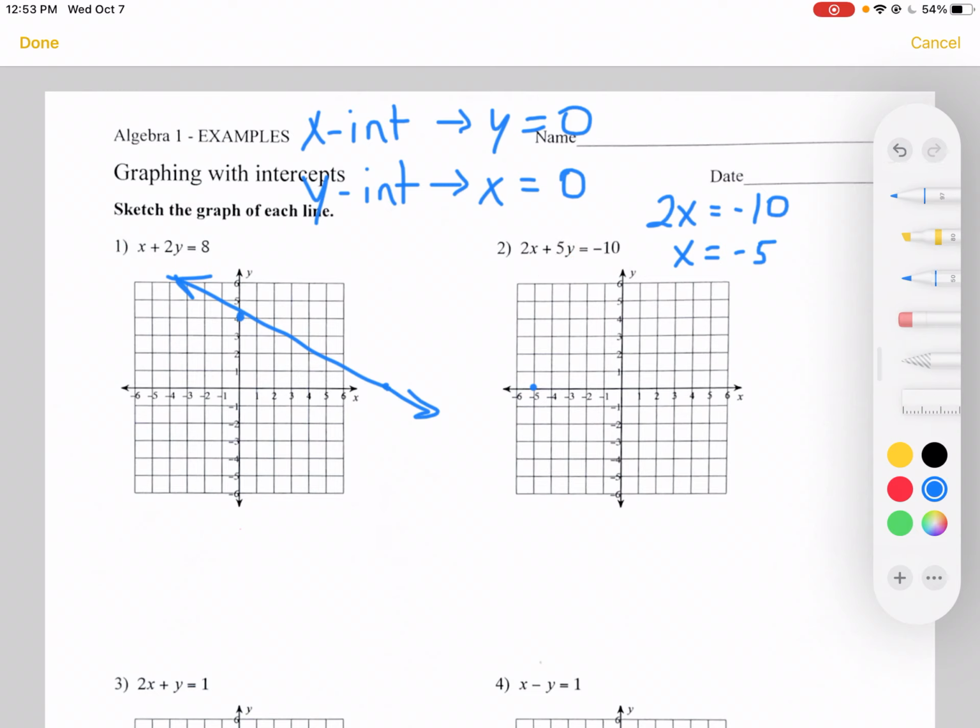So back up now. I'm plugging 0 in for x to find my y-intercept, and I have 5y equals -10, and so y must be -2. And it'll look something like that.